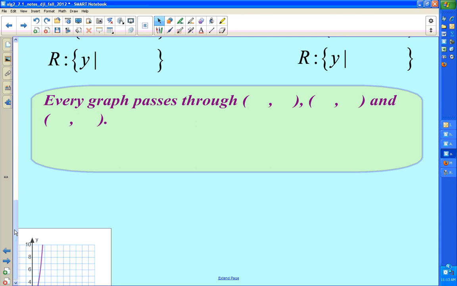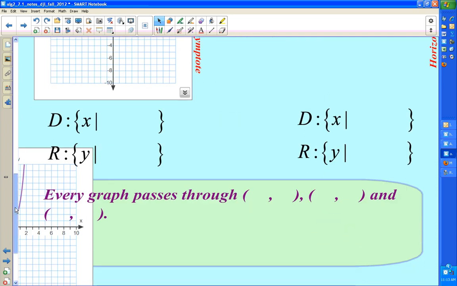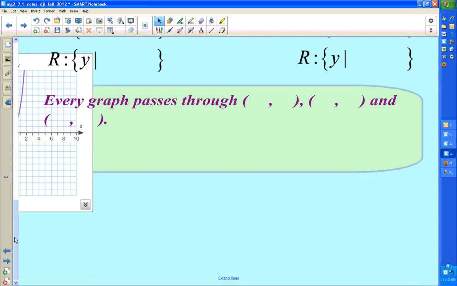Every graph is going to pass through what point? So if we go back and look at those graphs, here's the graph on the left. Every graph is going to go through what points? Give me one of those points. Chase, give me a point.